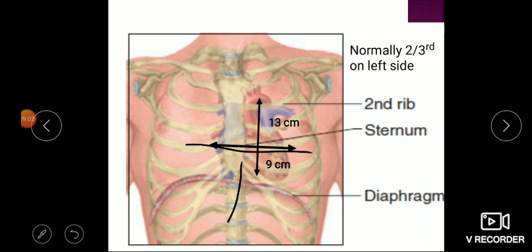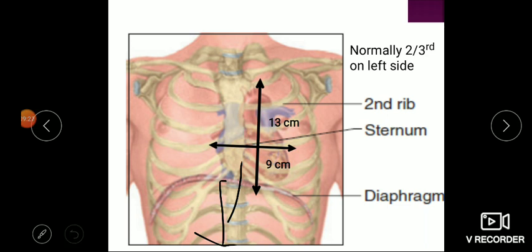So you might get some left axis deviation. On the contrary, if he takes deep inspiration, the diaphragm will come down like this, the heart will be more tubular, so the axis can go like this instead of this. So we have to consider these physiological variations.